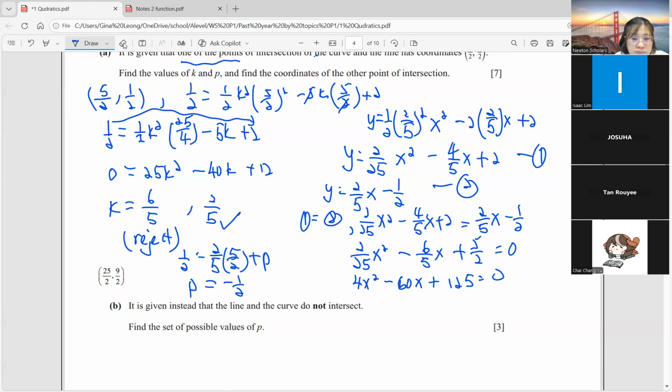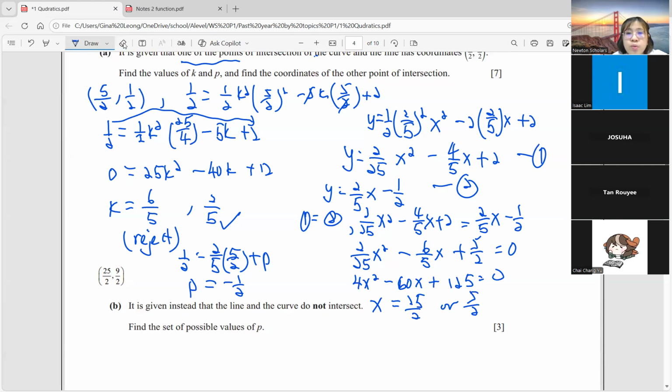Okay, then from here, I will get my x. You can press the calculator actually. Okay, I get my x is 25 over 2 or 5 over 2.